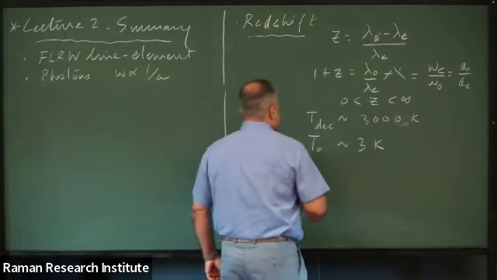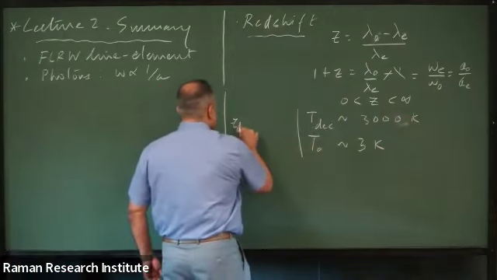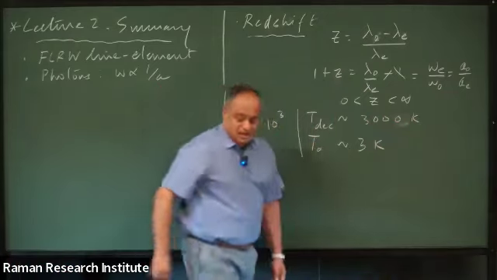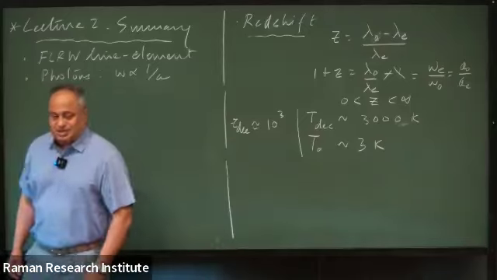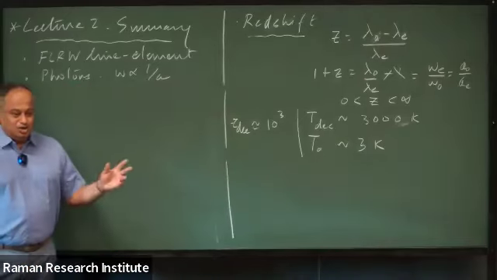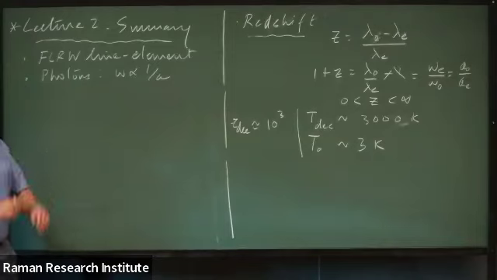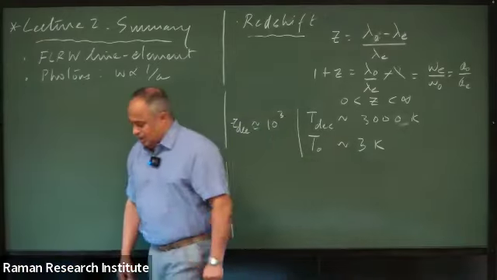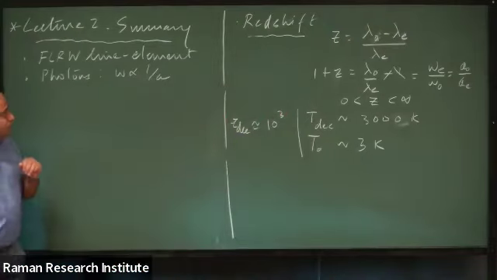Therefore, you can immediately determine that z decoupling is roughly 10 to the power 3 or so. If you calculate it exactly, it happens at a redshift of about 1100 or so. It is not instantaneous. It is spread over a redshift of about 80 or so. You can read about this in some of the textbooks.